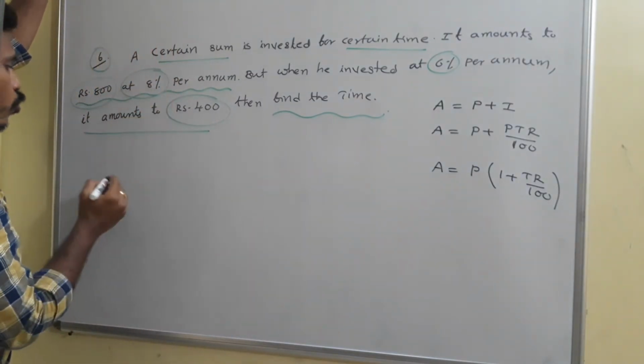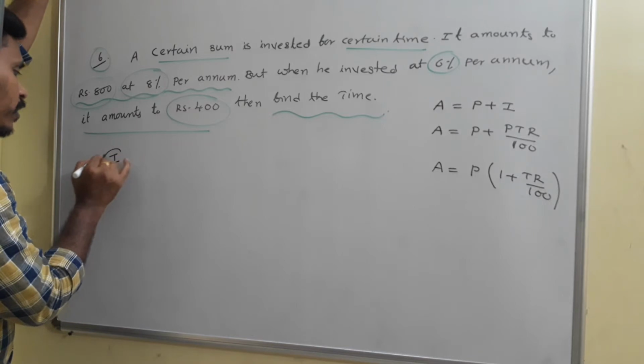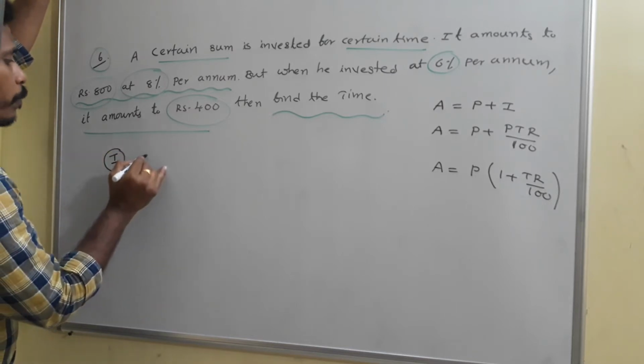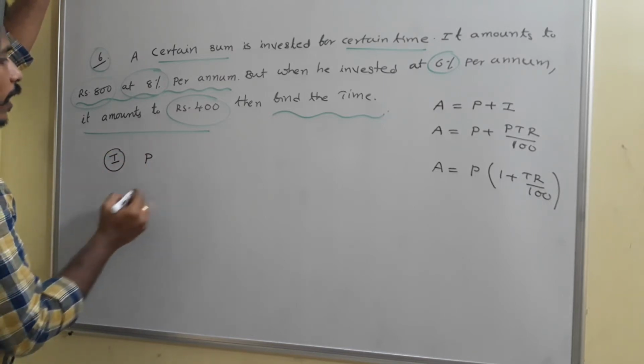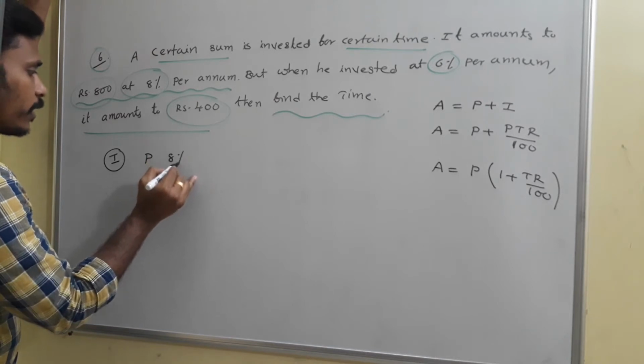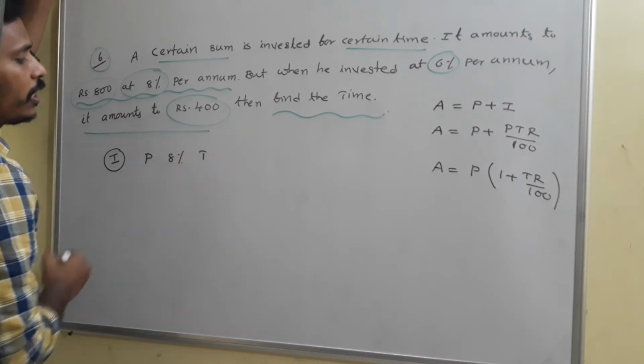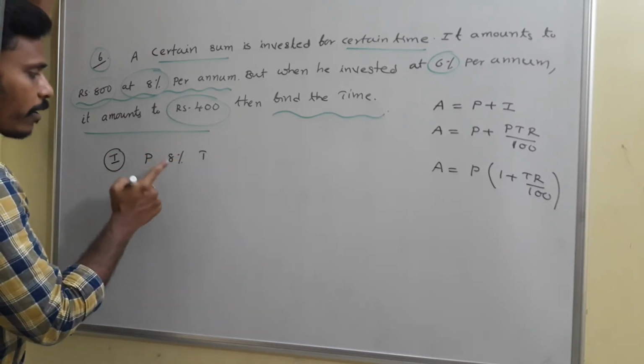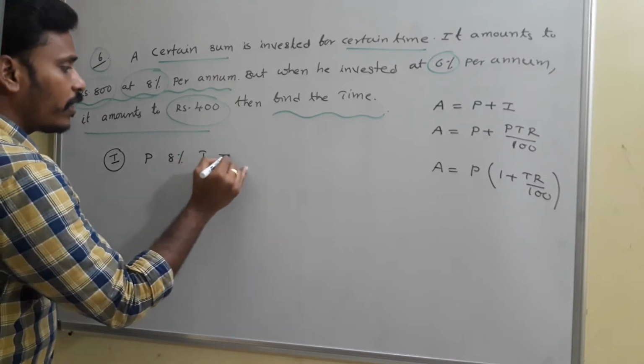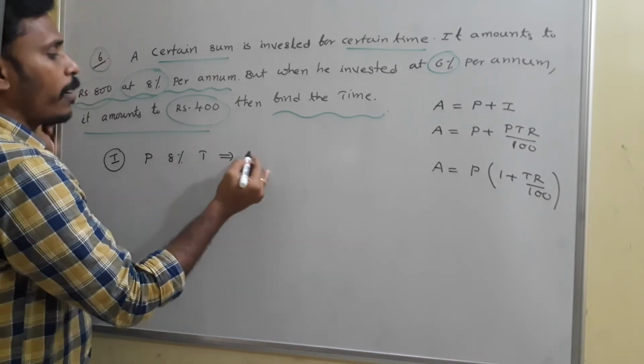See, there are two different situations. In the first case, principal is P, rate of interest is 8%, and time is some T years. Then what do you say about the amount?